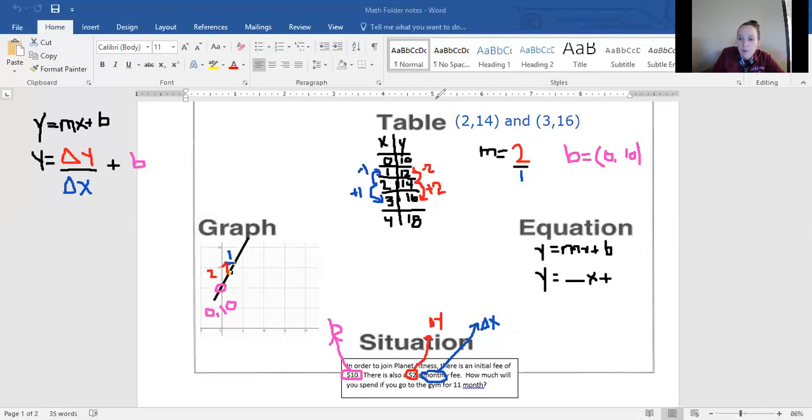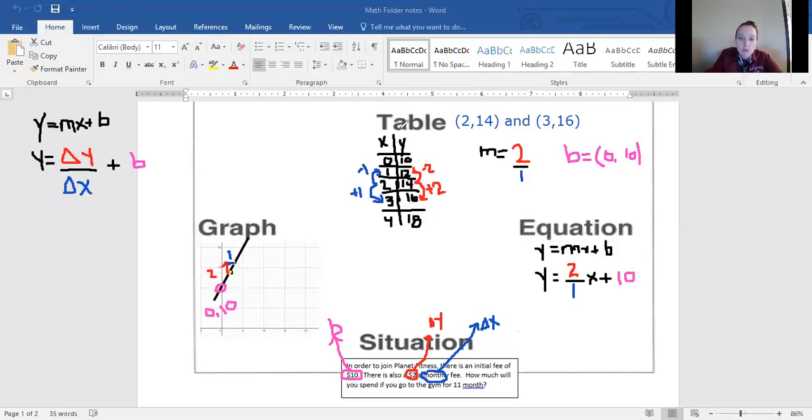This is going to be plus 2. So my slope is going to be change in y of 2 and my change in x of 1. And then my b is going to be plus 10. Notice we don't need the 0 anymore. That just lets us know when x is 0, y is 10, and that's the equation of the line.